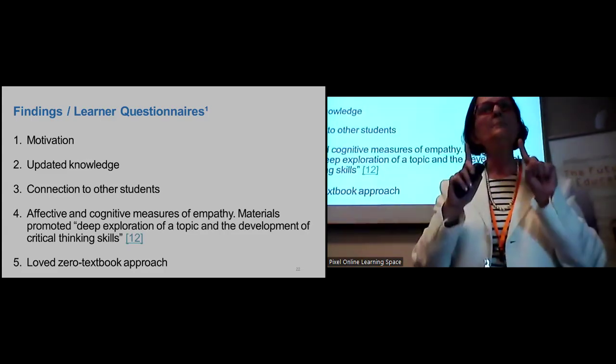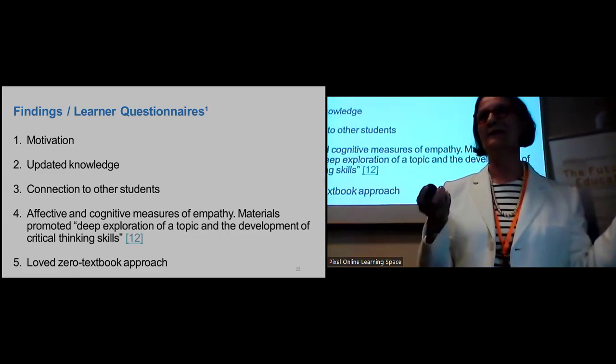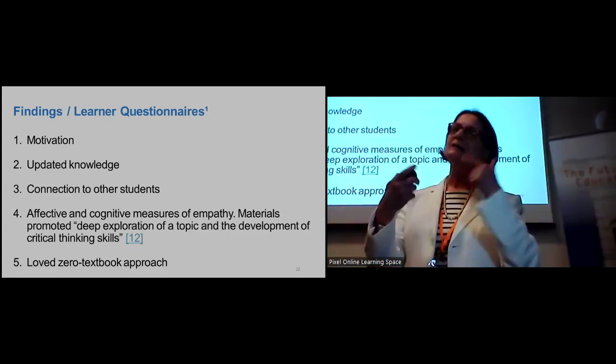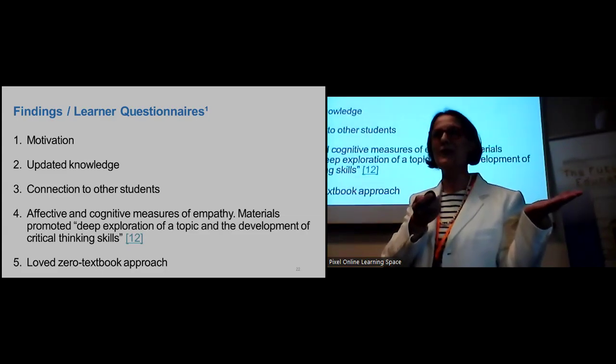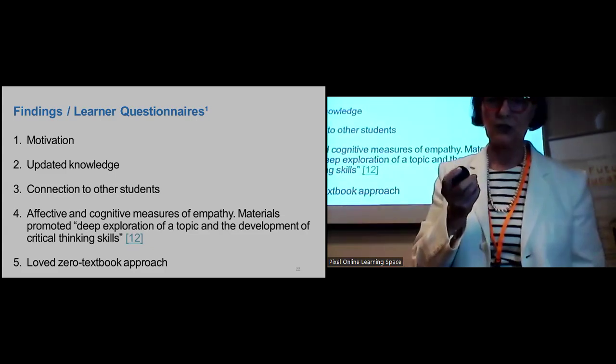And then they had updated knowledge. It wasn't like, okay, this book is not dated, it's outdated, so what are we going to do? And they were easily connecting with other students. I mean, with a textbook, they could probably do that as well, but there was a lot of motivation and connection, interconnection.